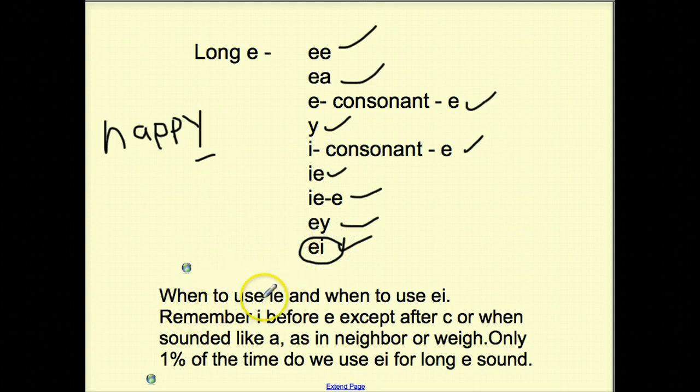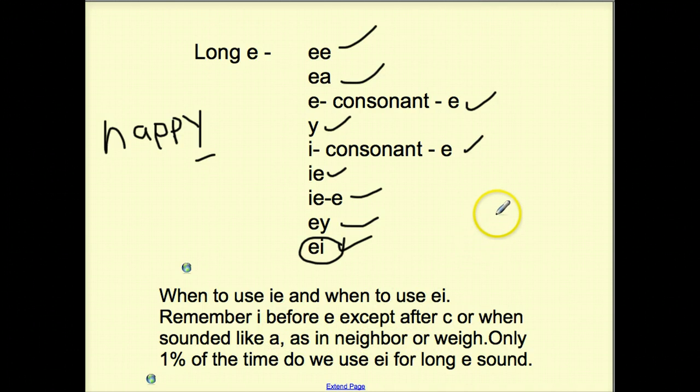Maybe some of you have heard this rule. Remember, I before E except after C, or when sounding like A, as in neighbor or way.